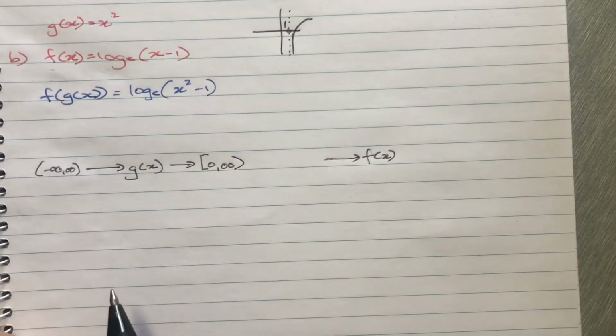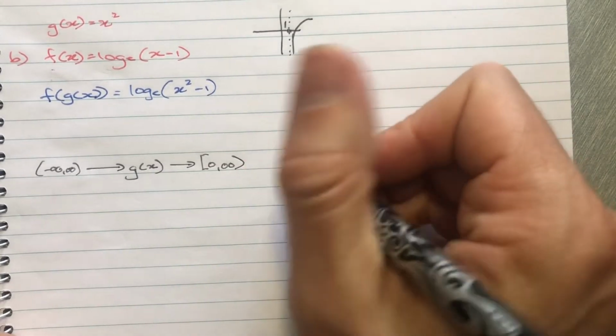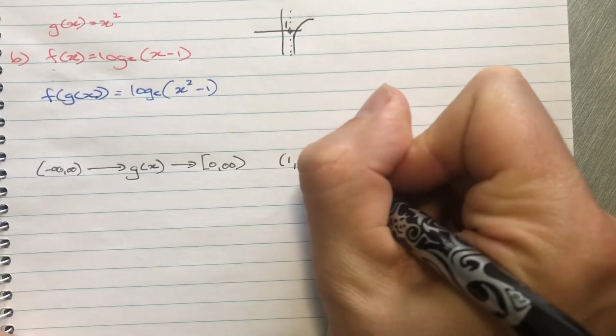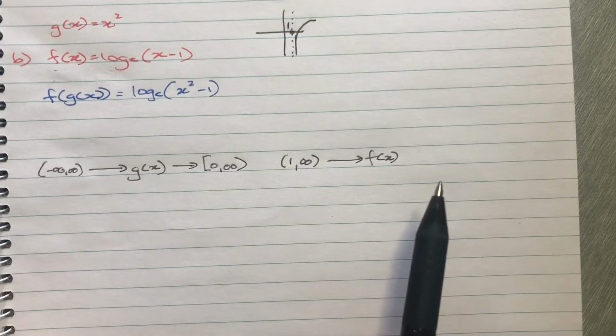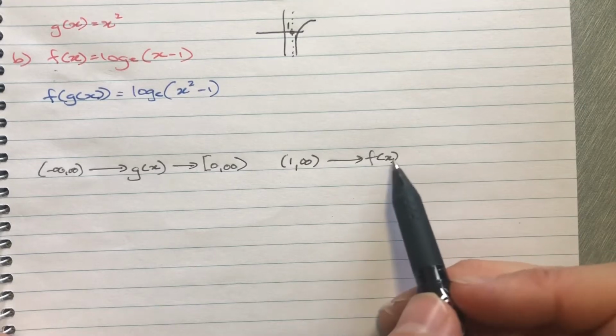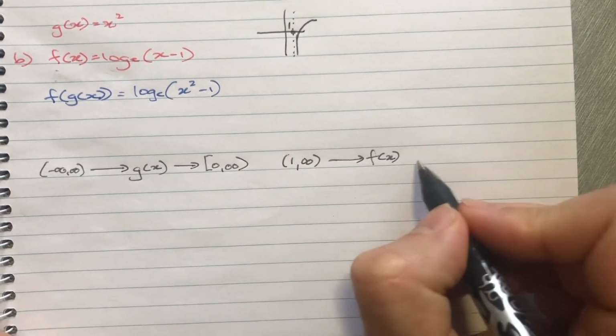Okay, so our domain is going to be, because it can't touch that asymptote, from 1, not including 1, all the way to infinity. Now I'm just going to put the range in for now as well. So the range of this one is going to be from negative infinity to infinity.